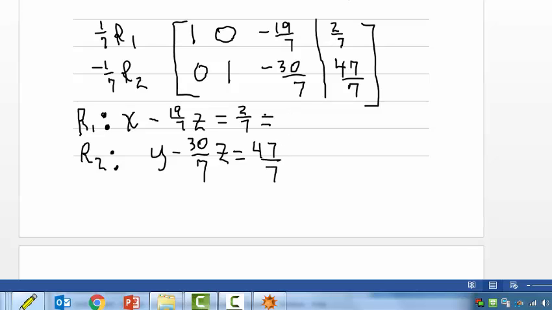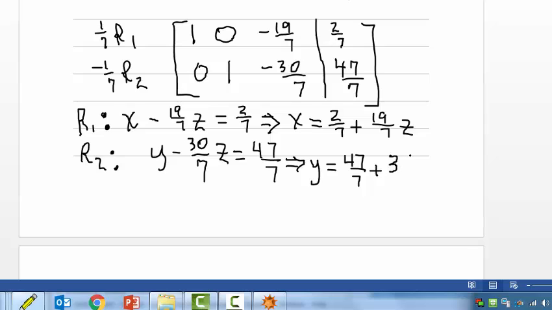So this essentially tells me that x is 2/7 plus 19 over 7 z, and y is 47 over 7 plus 30 over 7 z.